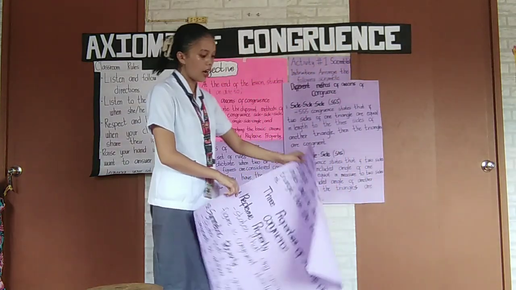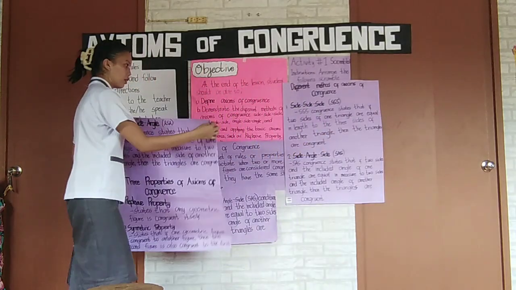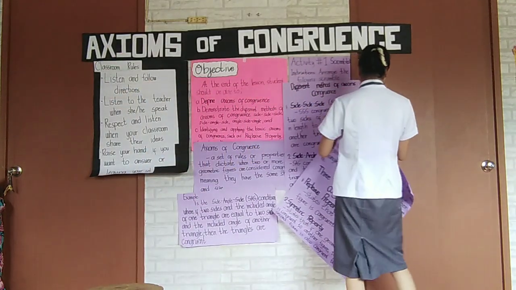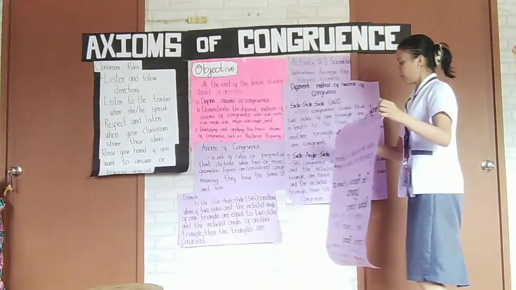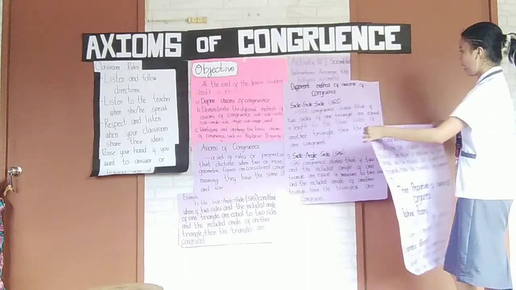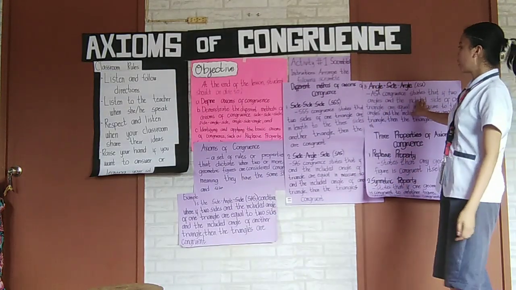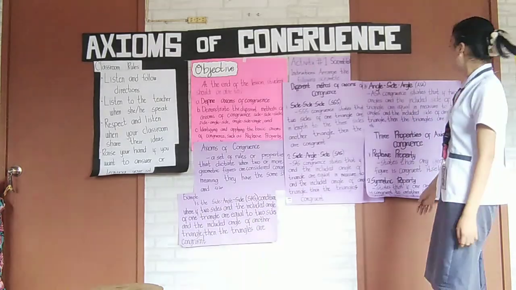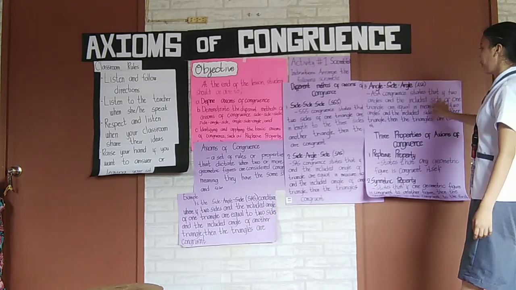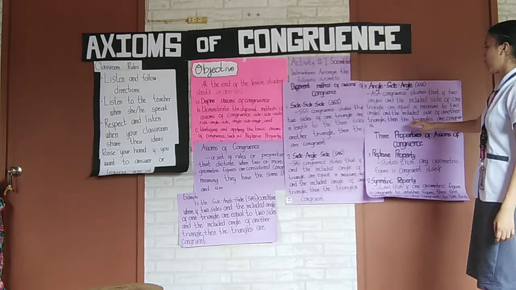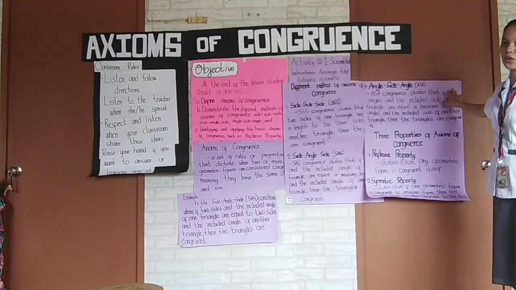And next is angle side angle. Angle side angle states that if two angles and the included side of one triangle are equal in measure to the two angles and the included side of another triangle, then the triangles are congruent.